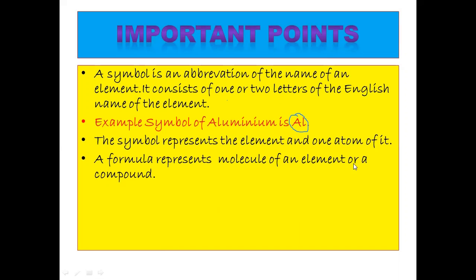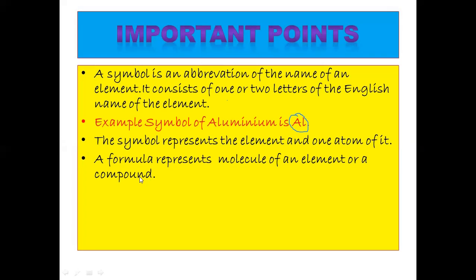A formula represents the molecule of an element or a compound. When I talk of an element, you know that it is a single element, right? And a compound is made from two or more elements. So a chemical formula can represent a molecule of an element or the molecule of a compound.